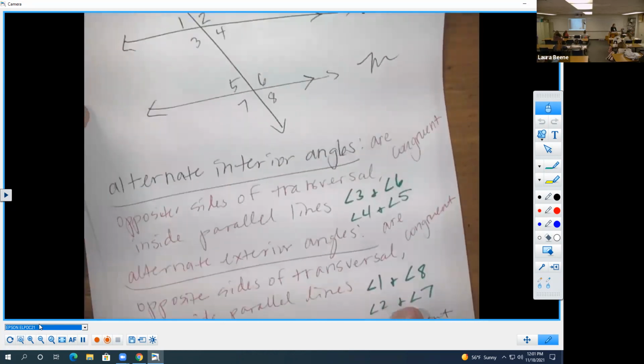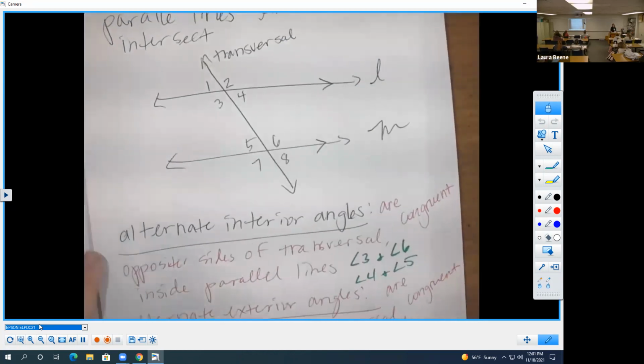Okay, so going back up to our picture, we have lots of corresponding angles. Look at angle 1. What angle is in the same position as angle 1? 1 and 5 are in the same position, so they are congruent. What angle is in the same position as 3? 7.